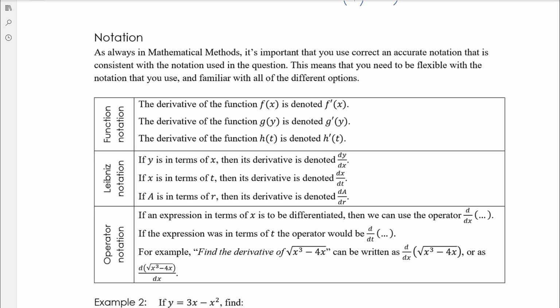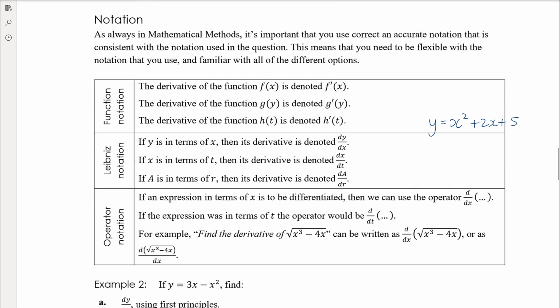Okay, so commonly we might not be given the function in function notation. It might just be y in terms of x. For example, we might have been given that equation in the previous example as y equals x squared plus 2x plus 5. And in that case, the derivative would not be called f dash x. So we need a different notation called Leibniz notation.